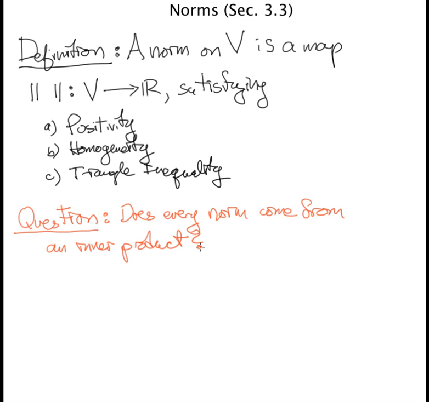So we saw one way to find norms, which is to make an inner product and then take the associated norm. But is it possible to cook up a norm that doesn't have anything to do with an inner product?